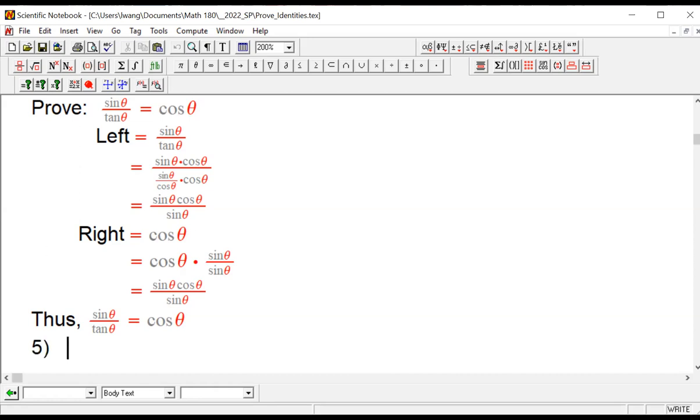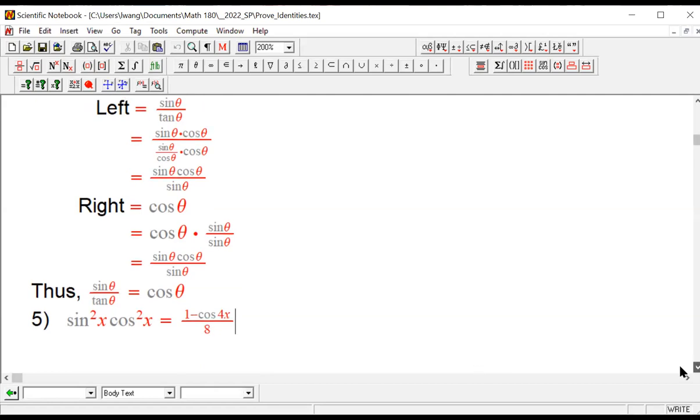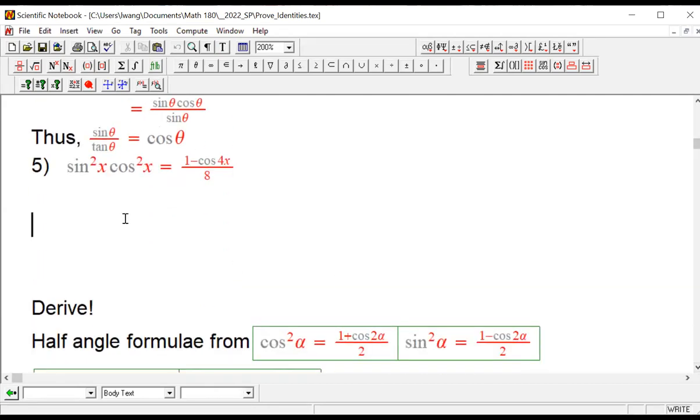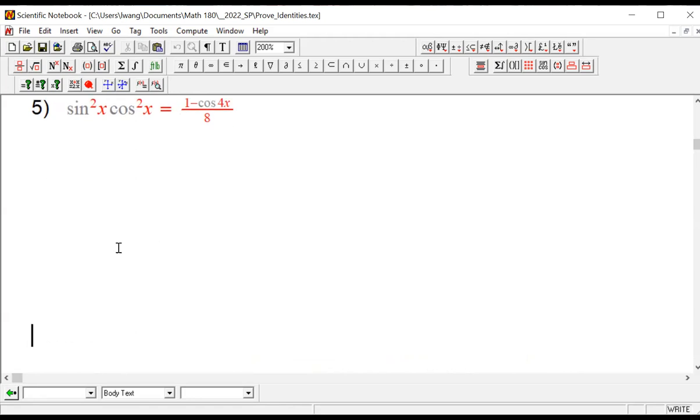Number 5 is actually something we did before, but we're going to do it this time. So let's see how we're going to do this.